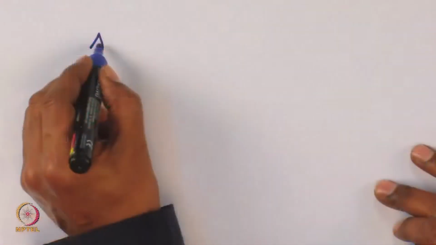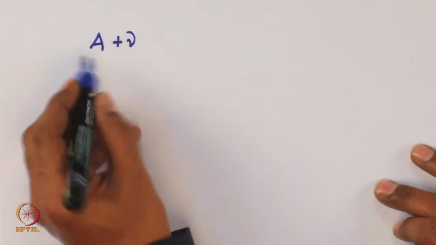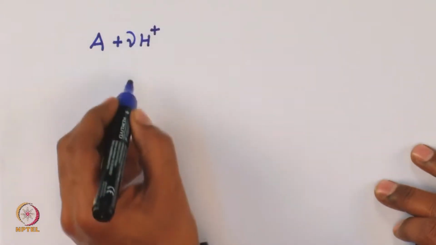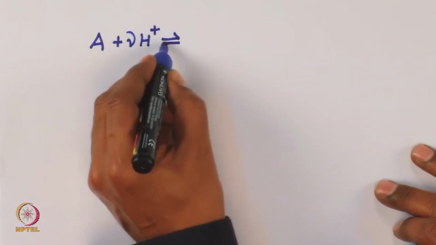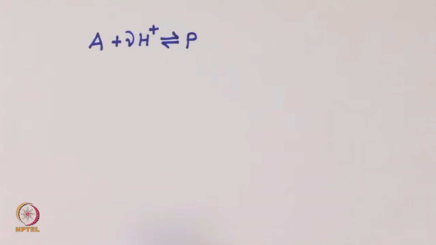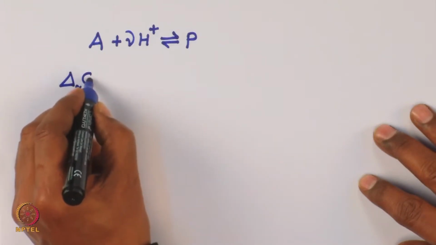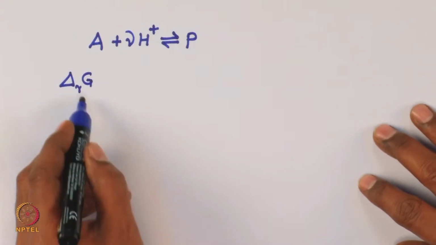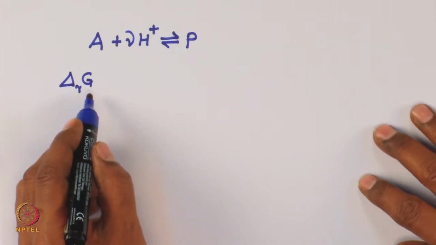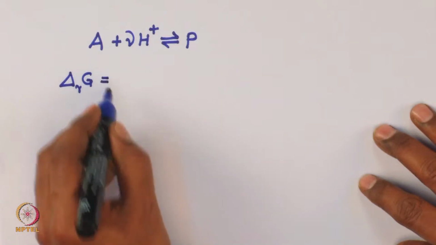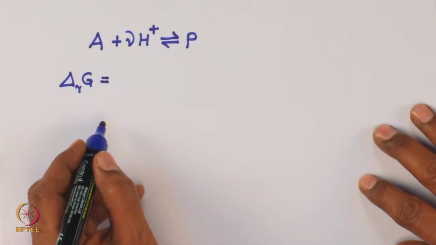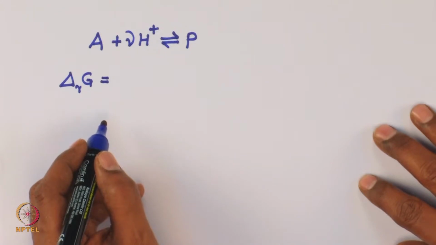Let us consider this reaction: A plus nu moles of H plus, in equilibrium with a product P. The usual way of writing reaction Gibbs energy, which is actually a slope of Gibbs energy versus extent of reaction, we have earlier discussed that this is equal to the difference in chemical potentials of the product and reactants.